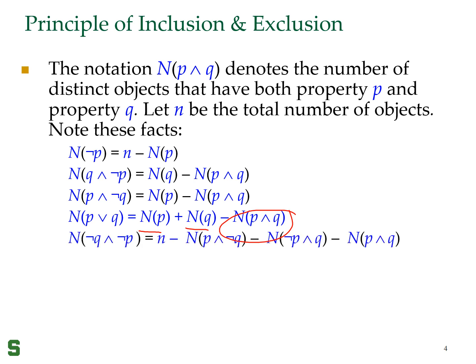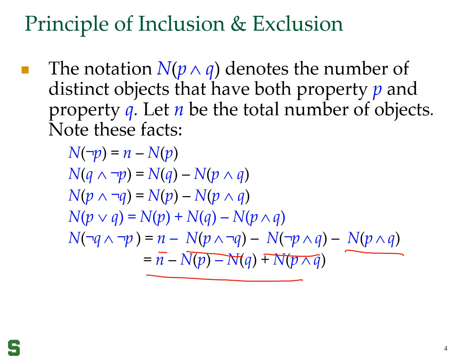I can continue further. If I wanted to have property not q and not p, then I can take all objects, remove objects that have the property p but not q, remove objects that have the property q but not p, and add n of p and q, which is going to be this expression over here.